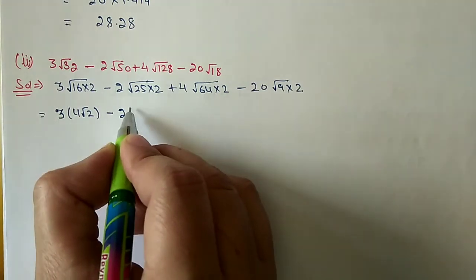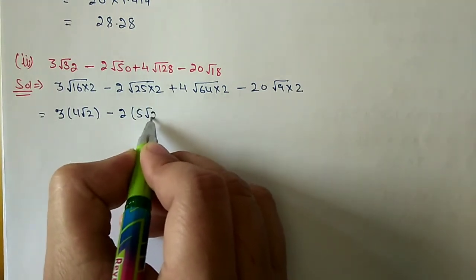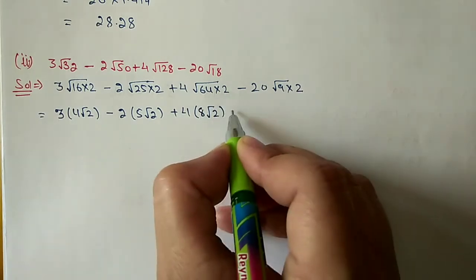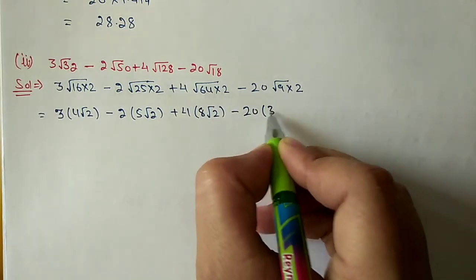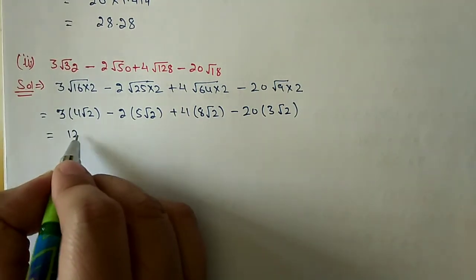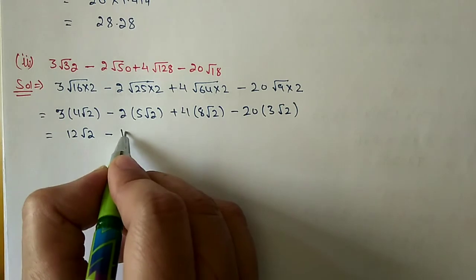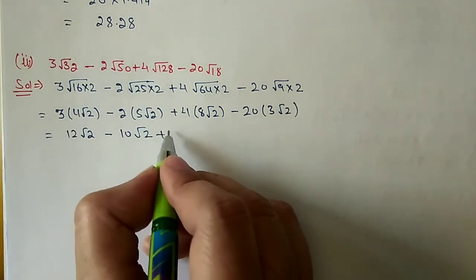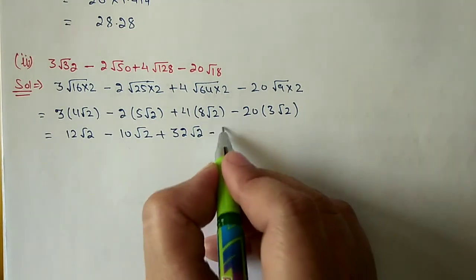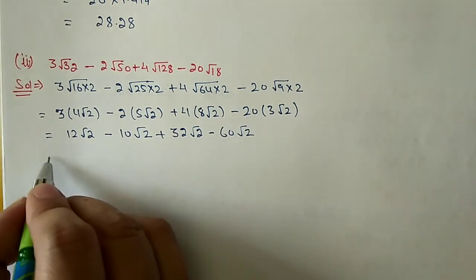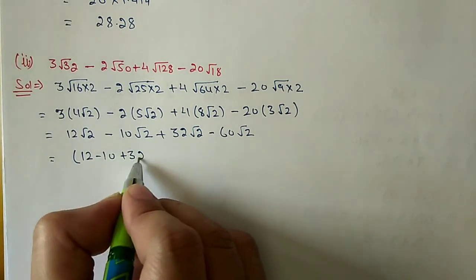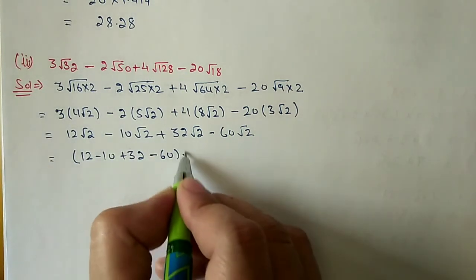Then 25 gives 5√2, plus 4 into 8√2, minus 20 into 3√2. Now we can multiply: 3 into 4 is 12√2, minus 10√2, plus 32√2, and minus 60√2. √2 we can take out common. (12 − 10 + 32 − 60)√2.